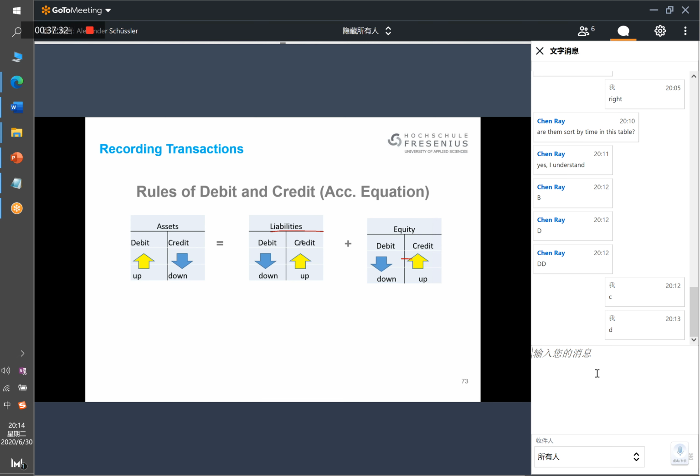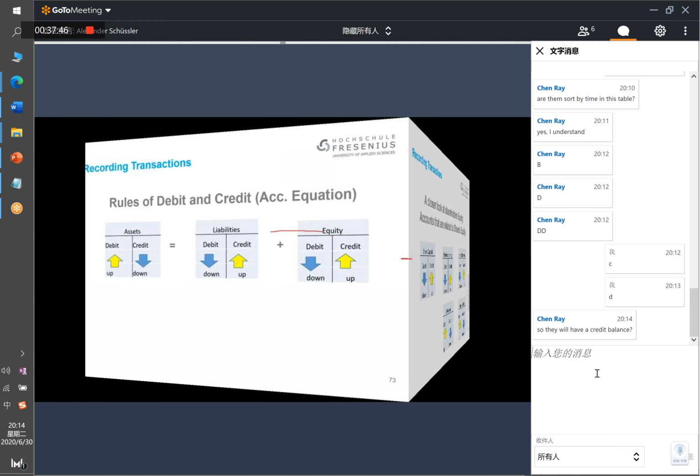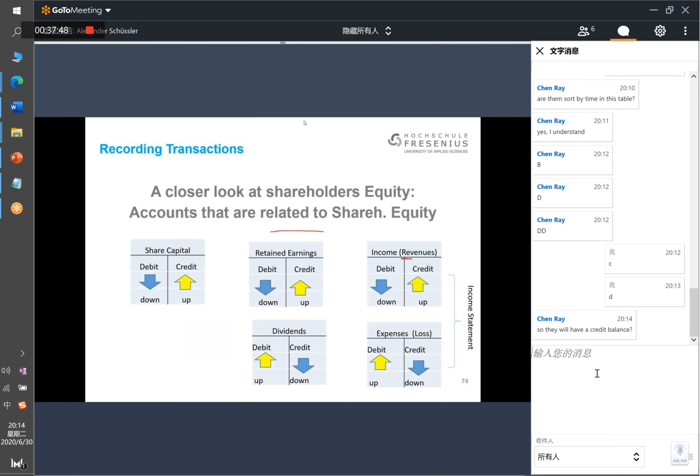Yeah, liability is the same. Credit up. And what was the other thing? Expenses. With expenses, it's the other way around. Yeah, you see that? With expenses, they have a debit balance. Here, it's the other way around.